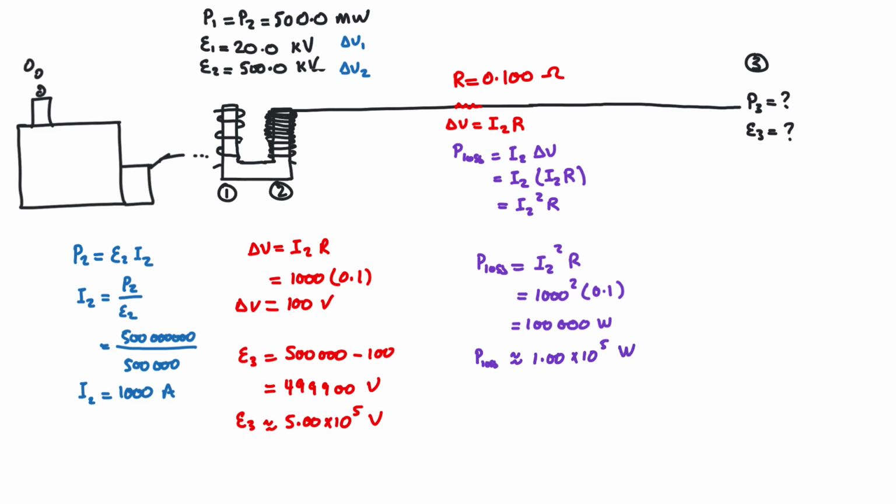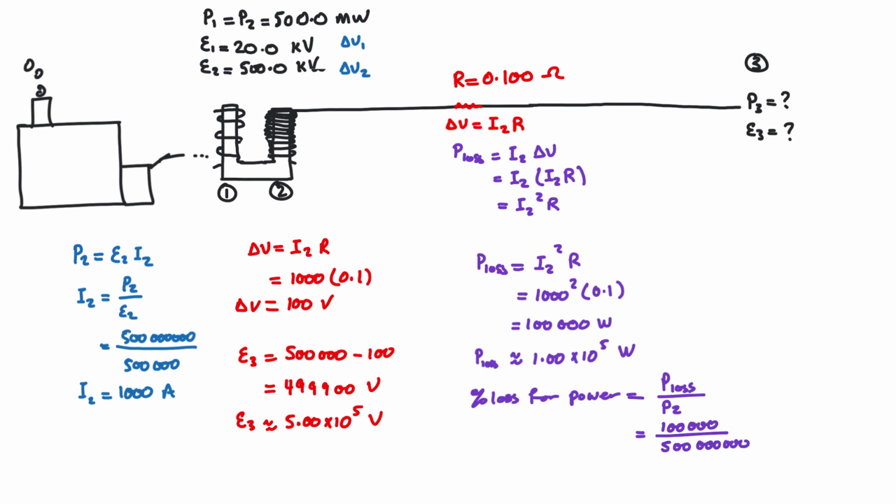And let's compare the amount of power loss in terms of percentage here compared to the last situation. So we have percentage loss for power is going to equal power loss divided by the power 2 this time, because it's the power from this region, and power 1 and 2 in this case are the same anyways, and we have 100,000 divided by 500 million.